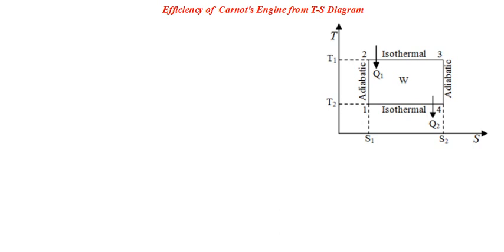As you can see in the diagram, Q1 amount of heat is entering the system, the working substance, during the stage from 2 to 3. 2 to 3 represents the isothermal expansion stage. So I can say this is a Q1 amount of heat that is entering the system.